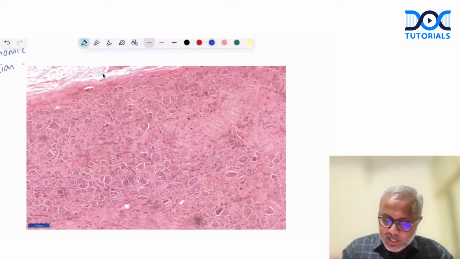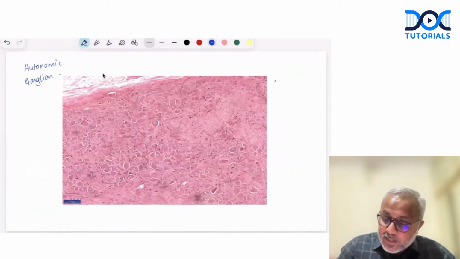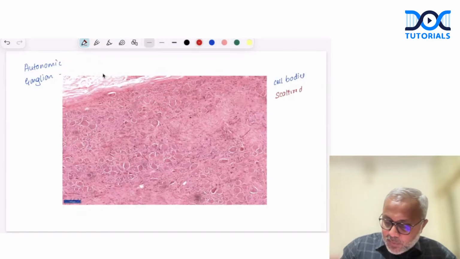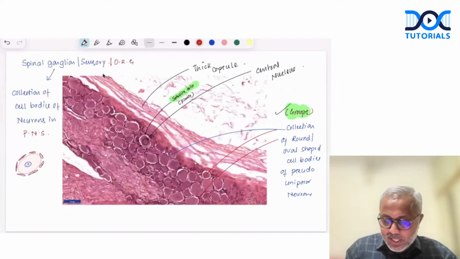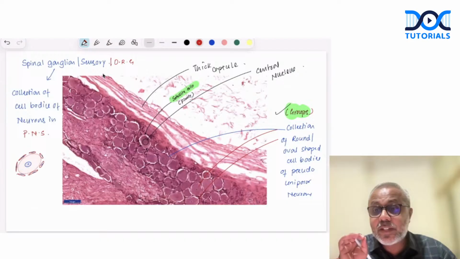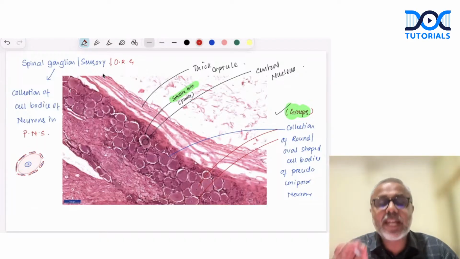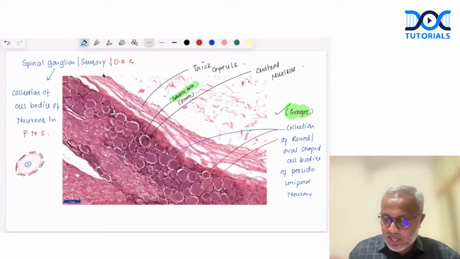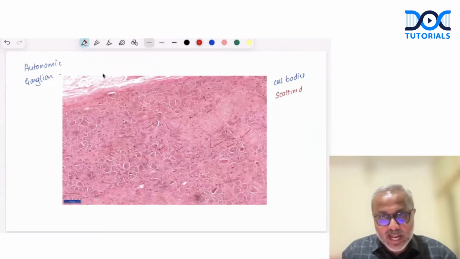The first thing that we observe is the cell bodies are scattered, right? So you see one here, you see one here, you see, right? So they're not present in close aggregation or close groups. This is the first and the most striking difference that we need to see. Okay, so cell bodies scattered.